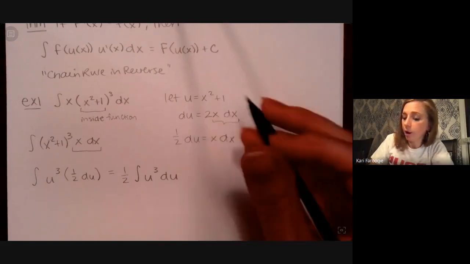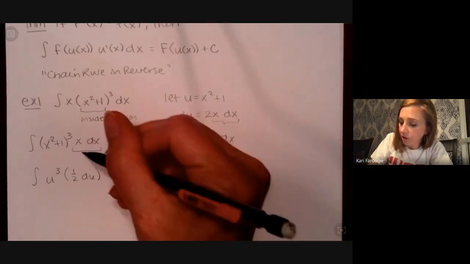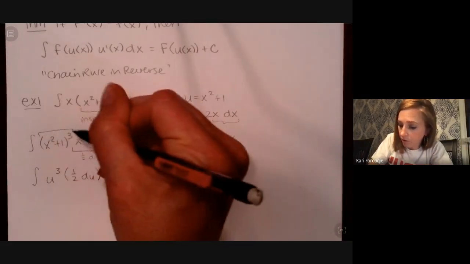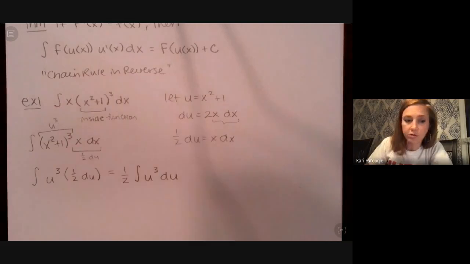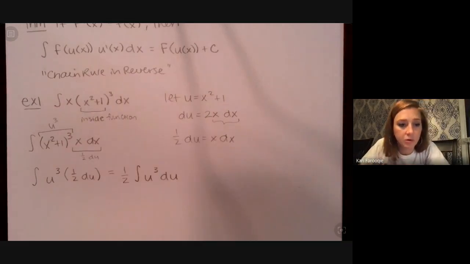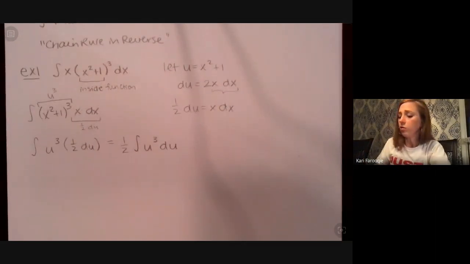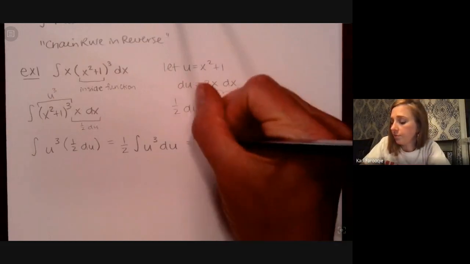So if it helps you to have this labeled, the x dx was the 1/2 du, and this piece right here is u cubed. So that's where all of these parts came from. Make sure that everything is accounted for, that you've replaced everything, and once you have, you can go ahead and use the power rule to integrate.